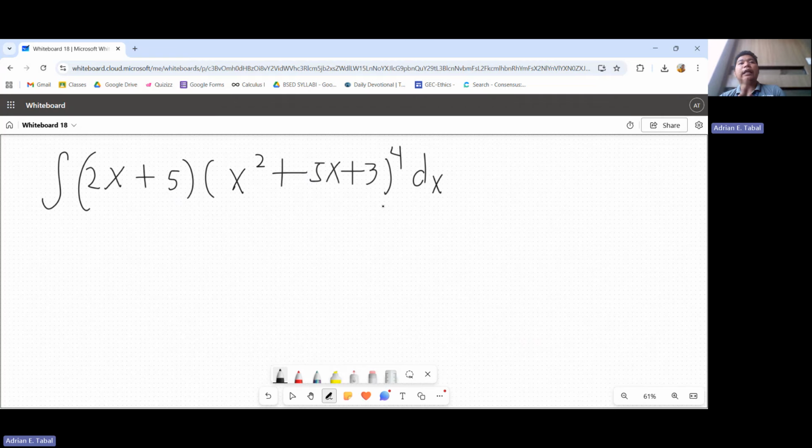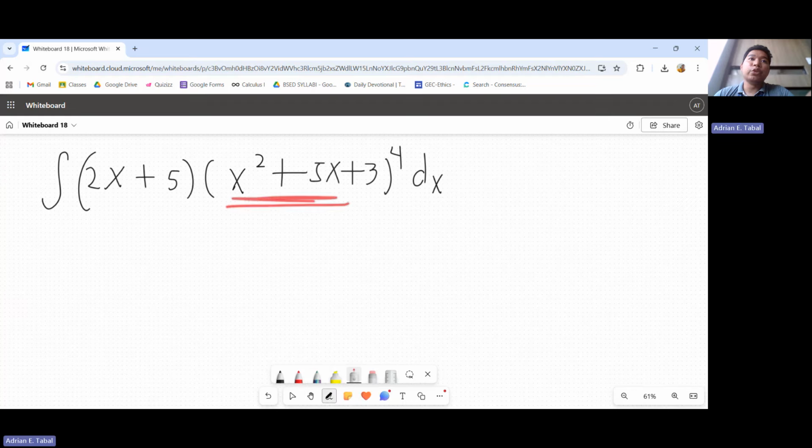By just looking at our function, we can say 2x plus 5 can be integrated, but for x squared plus 5x plus 3 raised to 4, we cannot have the integral.